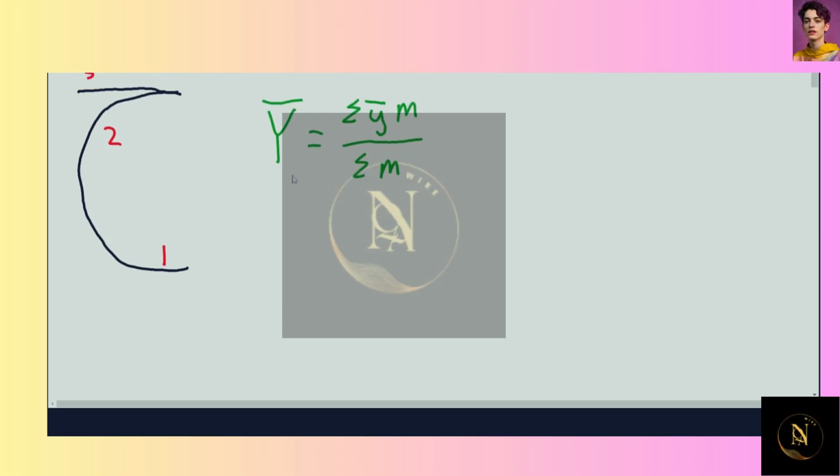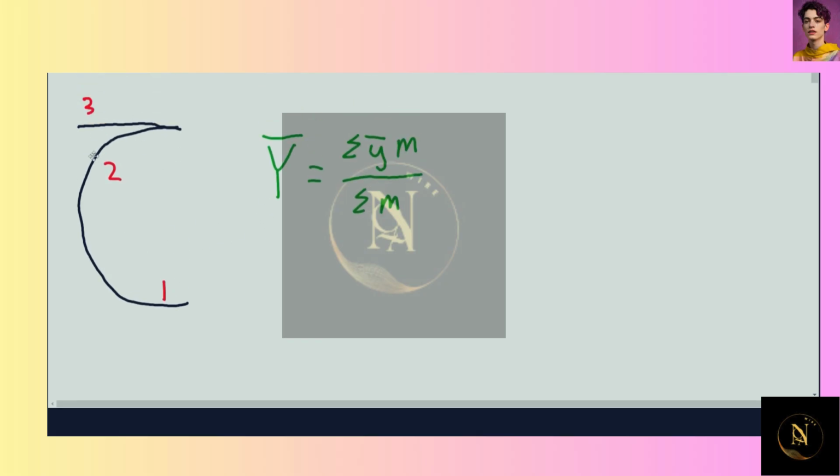So we're going to start by finding the masses of these different locations 1, 2, and 3, where 1 represents this quarter circle here, and 2 represents this quarter circle at the top, and 3 represents the table.